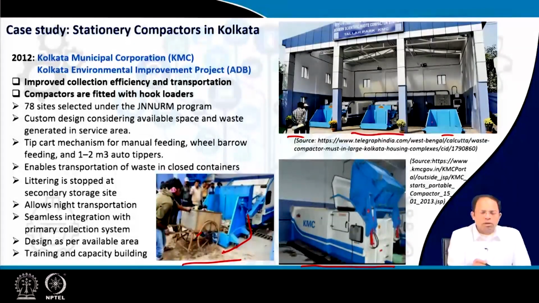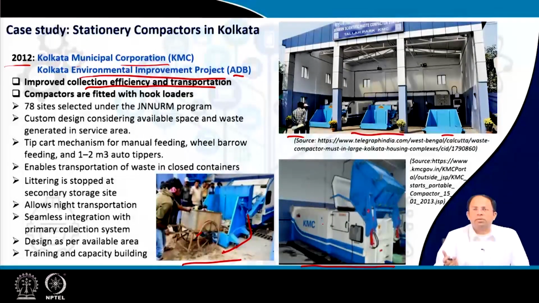This project in Kolkata was taken up in 2012 by Kolkata Municipal Corporation under the Kolkata Environmental Improvement Project, funded by ADB, and it improved the collection efficiency and the transportation as well, because these are covered containers and there is no spillage of waste.